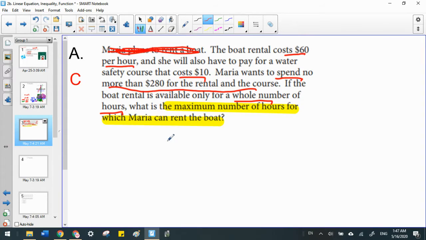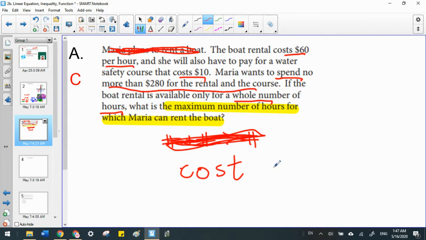I don't always start the inequality or equation with all numbers, because it takes me a while to figure out what the numbers mean individually. What I like to do is to write the more complicated stuff in words. Like in this case, Maria wants to spend no more than $280 for the rental and the course. So I can say that the cost has to be no more than $280.